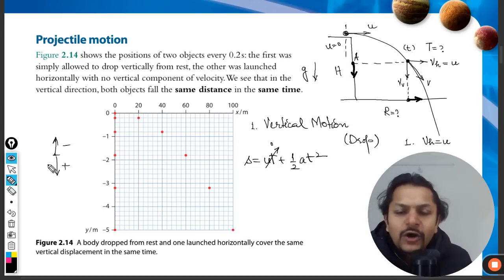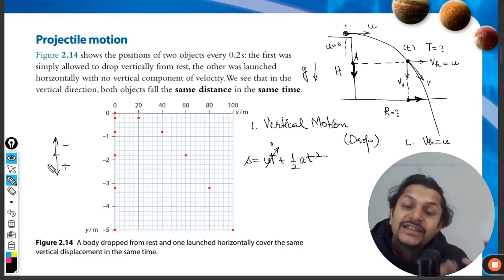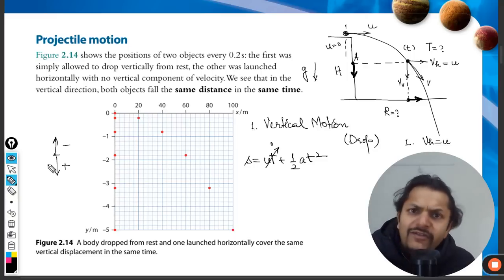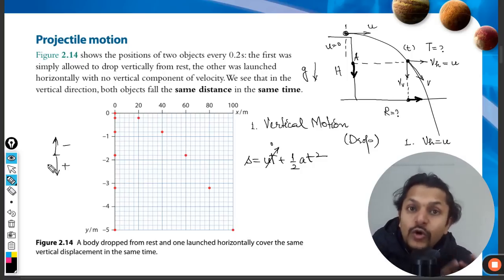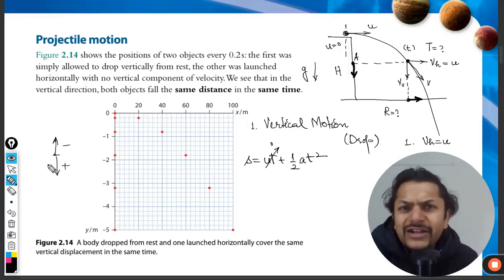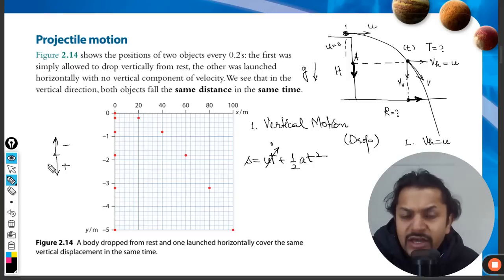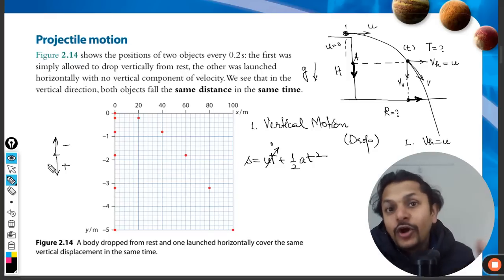Why have I chosen the downward direction as positive? Because everything is moving downwards. Gravity is downwards, velocity is downward, displacement is downwards. So it will be easy if we choose the downward direction as positive. Although there is no condition on it, you can choose any direction to be positive and any direction to be negative. Sign convention is completely based on your whims and fancies.